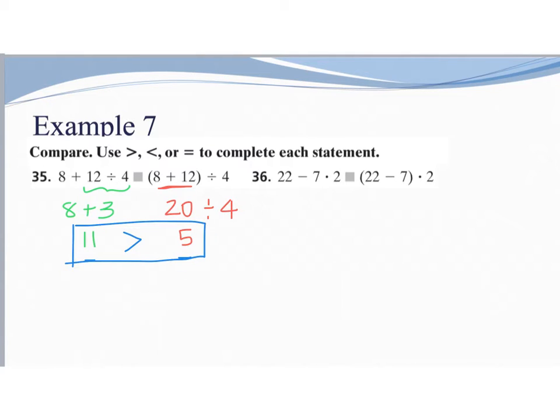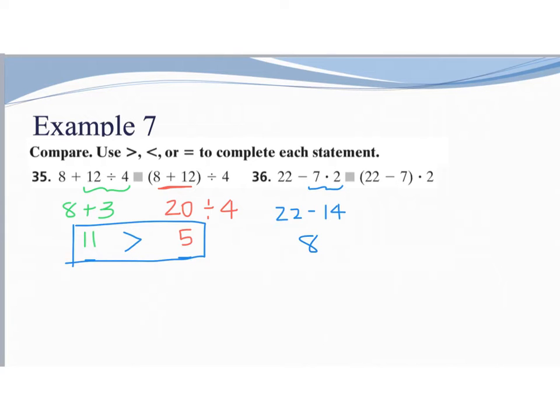Likewise, when I look at number 36, I have 22 minus 7 times 2. The 7 times 2 I have to do first because multiplication comes before subtraction. So I end up with 22 minus 14, and this will give me 8.